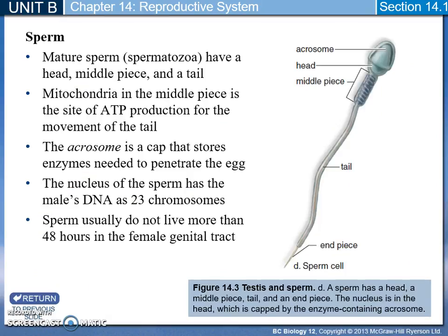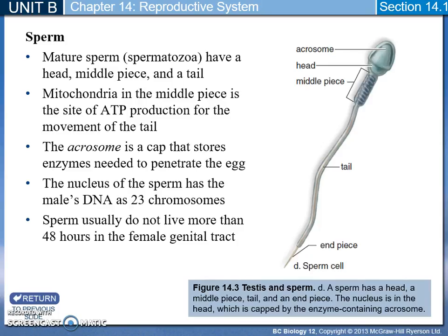So the mature sperm, also referred to as spermatozoa, have a head, a middle piece, and a tail. The mitochondria in the middle piece are the site of ATP production. Once again, mitochondria are the site of the majority of ATP production, and this is required for the movement of the tail.